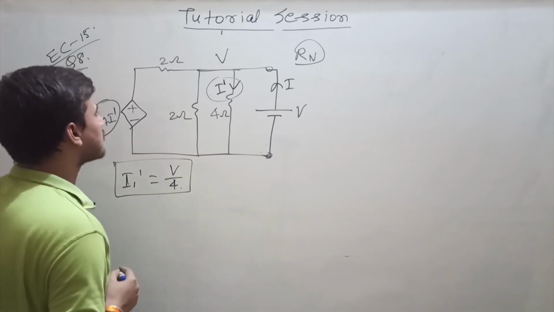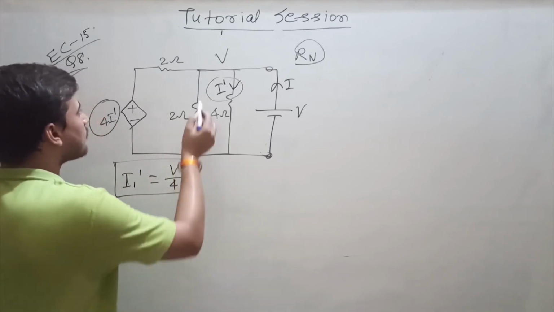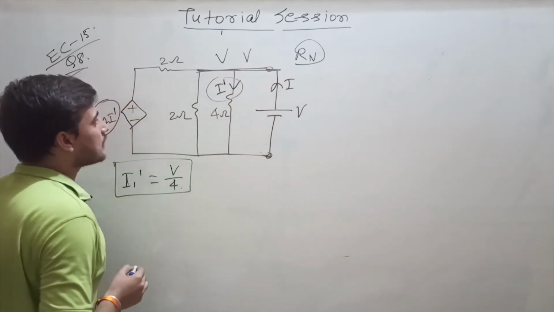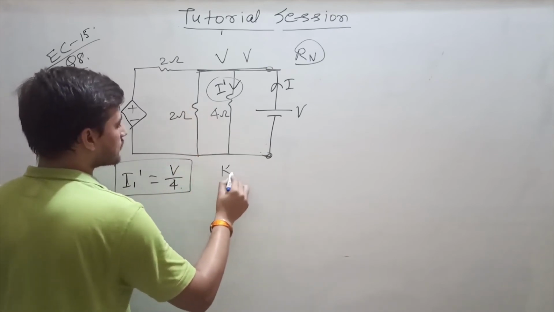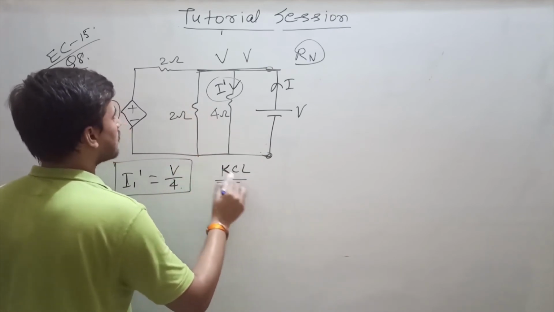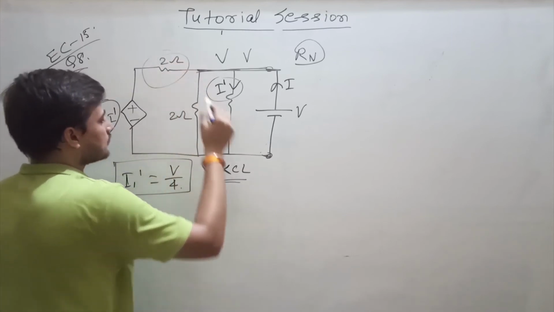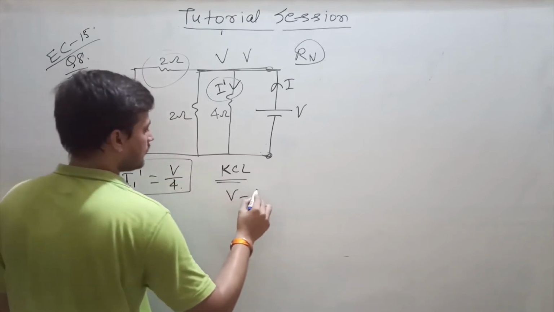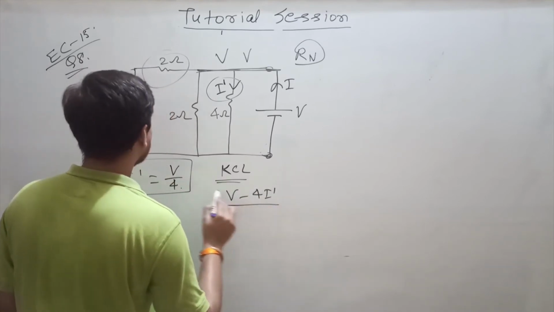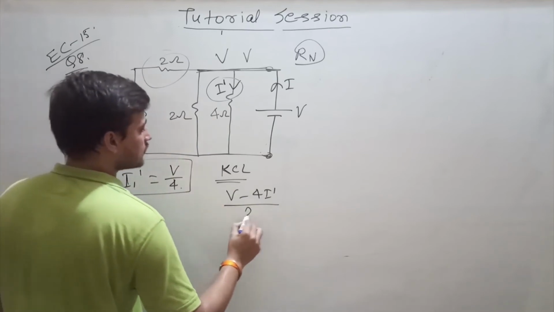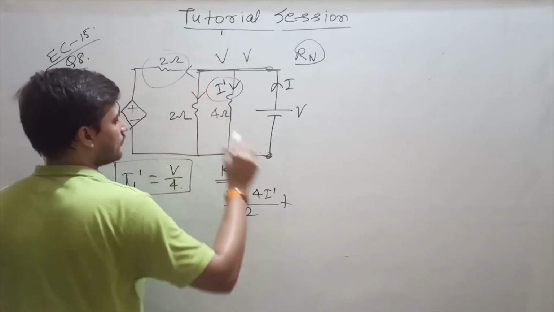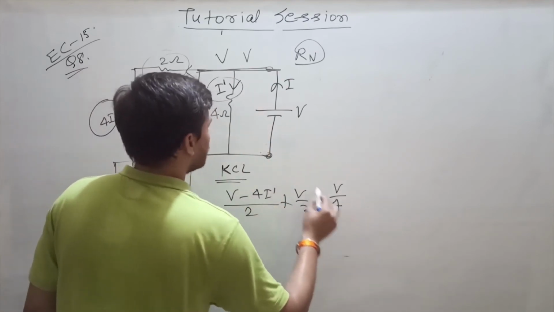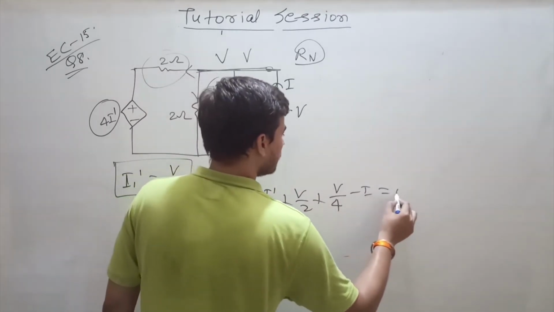Once you have the value of I dash, next you will have to apply Kirchhoff's current law at this node. The potential is V volt. Applying Kirchhoff's current law, the outgoing branch is V minus 4I dash divided by 2, plus this current will be V by 2, plus this current will be V by 4, minus I will be equal to 0.